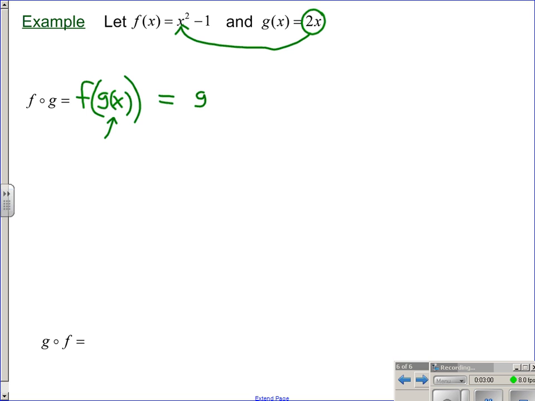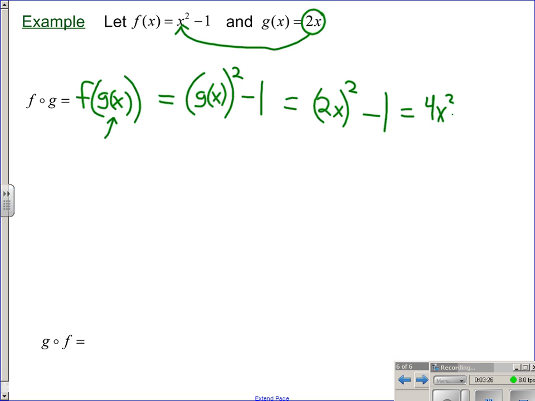I'm going to spell it out step by step. You don't need to do this every time. Function g of x is 2x, so we have this 2x being squared and then subtracting 1. This is our composite function. Now it's a matter of simplifying. 2x quantity squared is 4x squared, and we have minus 1. And that's it.